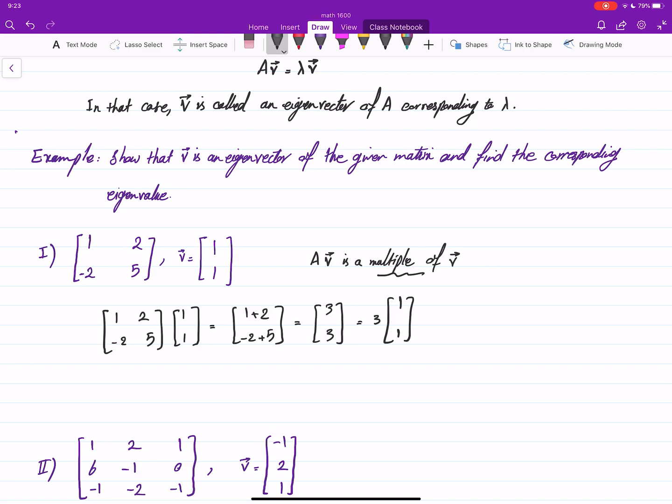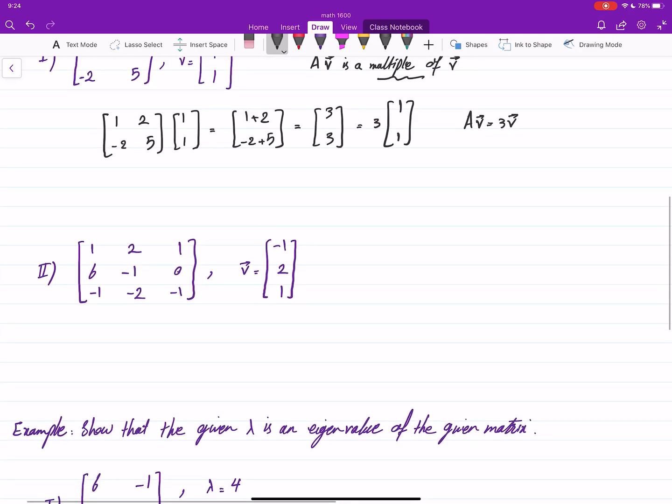In other words, what we showed is that Av is 3v. So that means that, yes, this is an eigenvector of A corresponding to eigenvalue 3. So that's what we have.